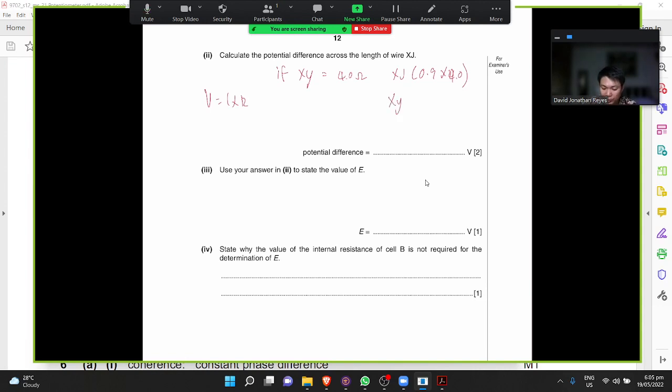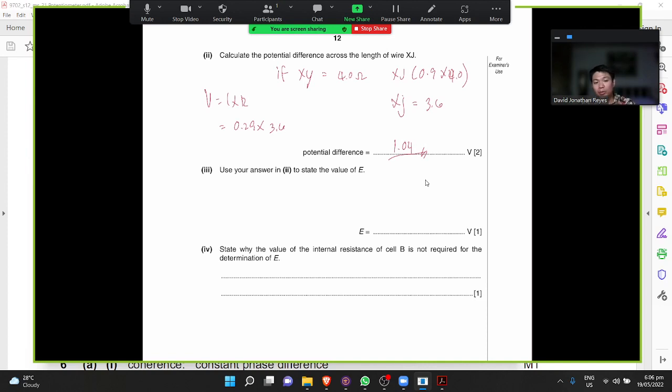Therefore, the XJ resistance should be equal to 0.9 times 4, which gives you 3.6 ohms. Given that, you can now solve for your voltage: 0.29 times 3.6, and you get 1.04 volts.